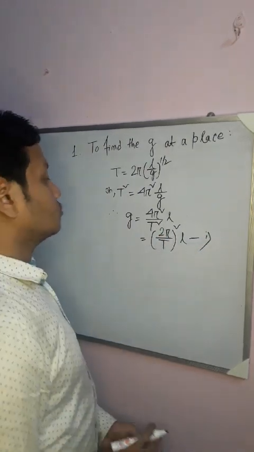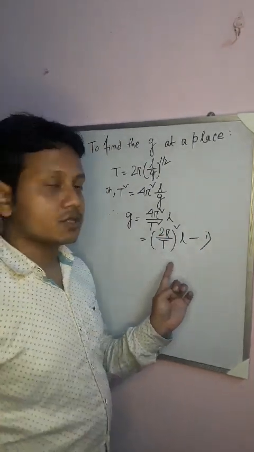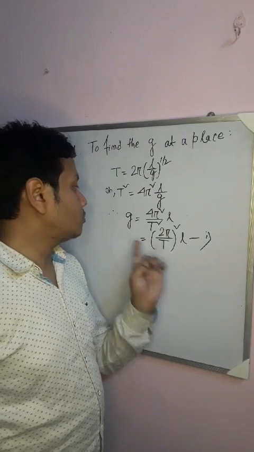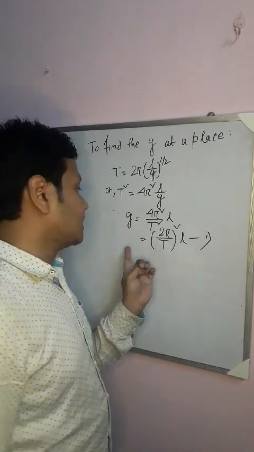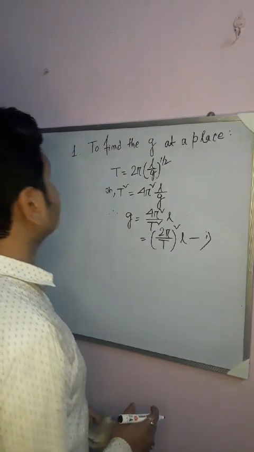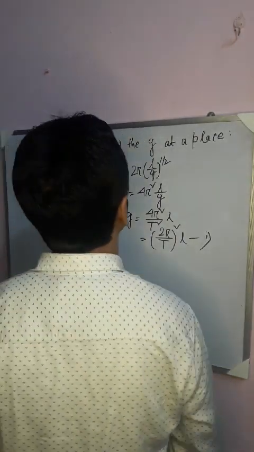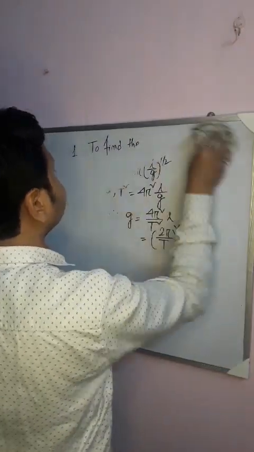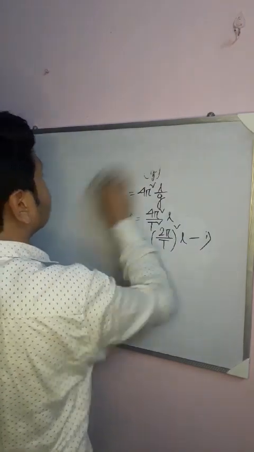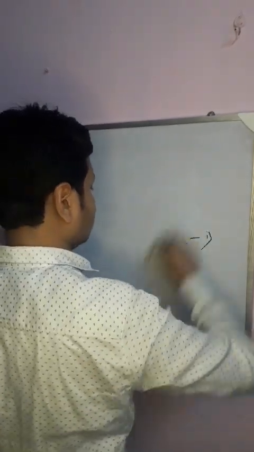Okay, so by knowing the time period of oscillation and length of the pendulum bob, we can easily determine the acceleration due to gravity. So this is the first use, that we can easily find out the acceleration due to gravity of a place.